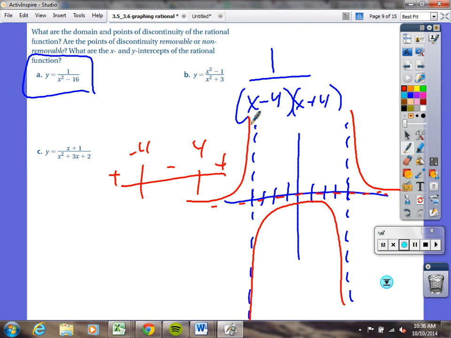So what are my vertical asymptotes? 4 and -4. So x cannot be those things. If I ask you for your domain, what would it be? You okay? Getting a little tired? Okay. Domain would be what? Negative infinity up to -4.